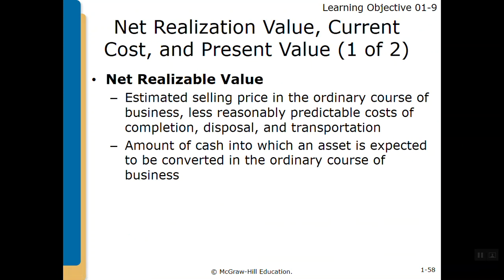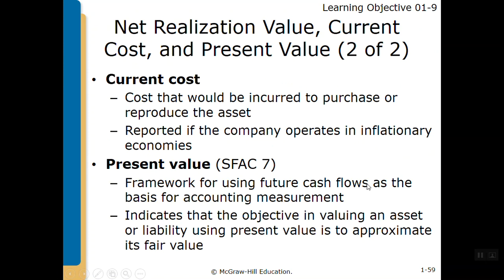Net realizable value, current cost, and present value. Net realizable value is estimating the selling price of an asset if we were to dispose of it. The current cost would be the cost that we would incur if we were to purchase or replace an asset. And then the present value is just the present value of future cash flows.